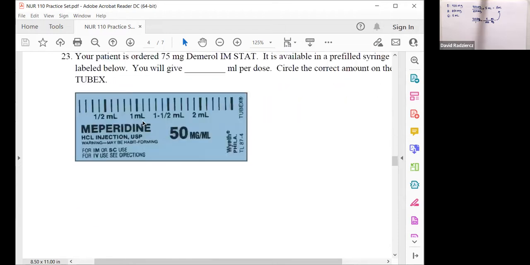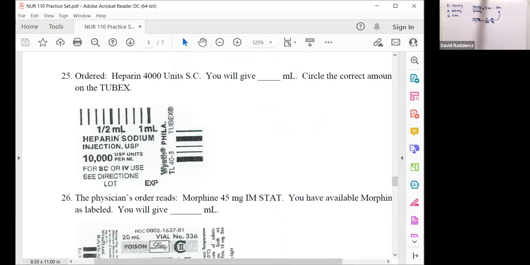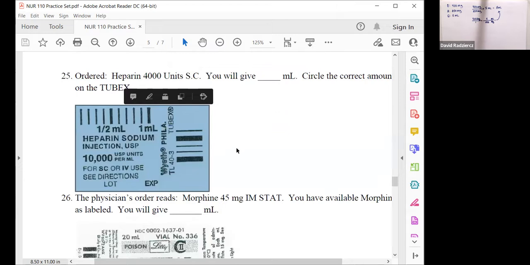Oh yeah, meperidine and Demerol are the same thing. It looks like the question is repeated. Here's a heparin solution. This one is a Tubex. We're going to solve this and then we're going to practice marking a syringe. Try to at least, because it's hard for me sometimes to write or mark neatly with my mouse.